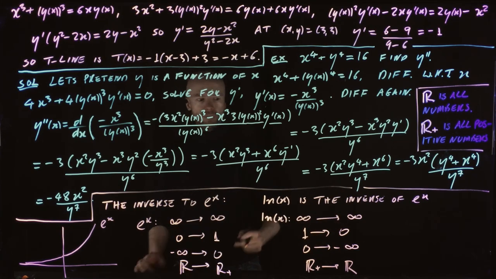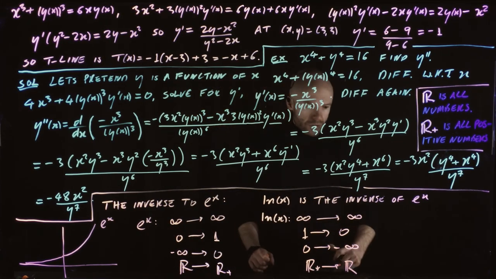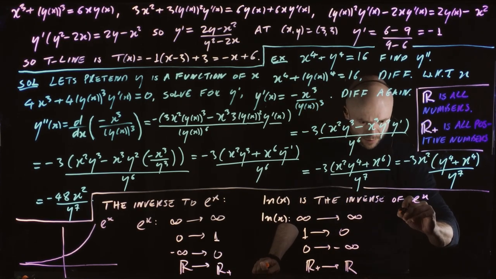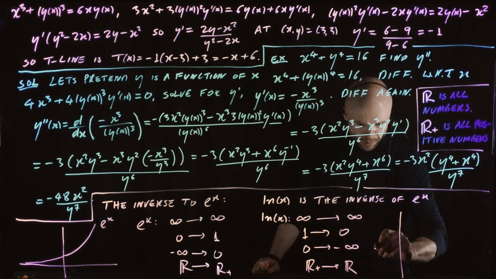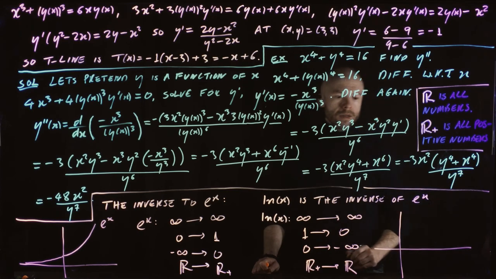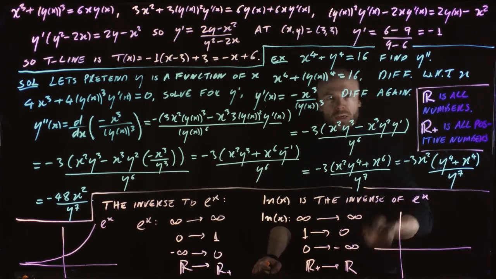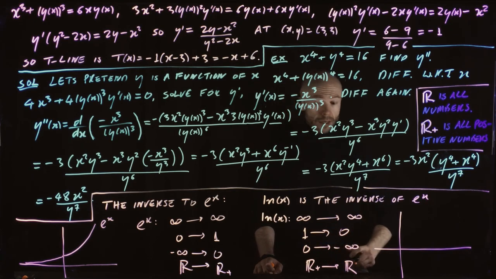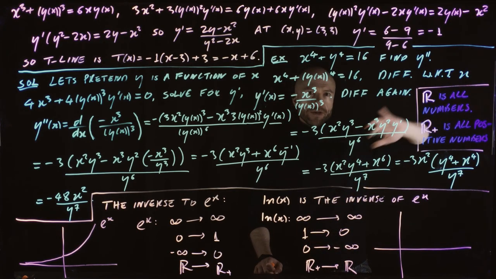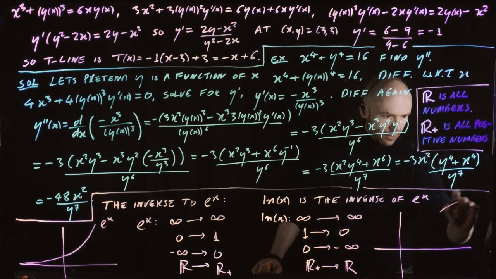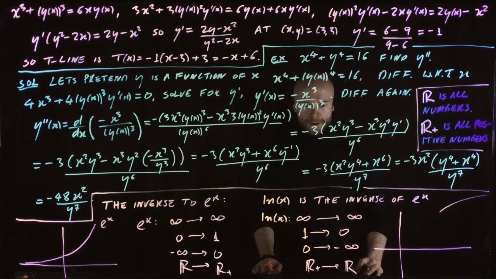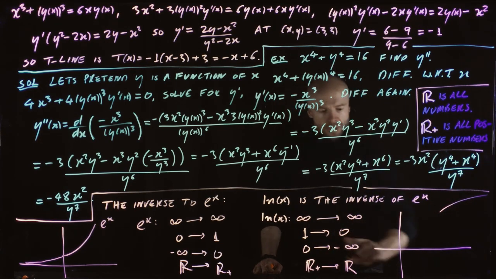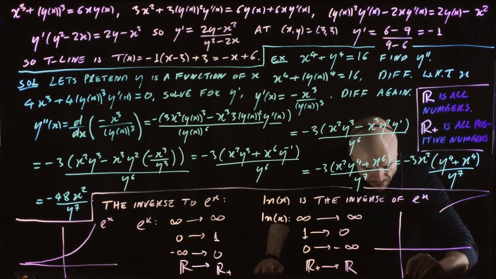Whatever e to the x is doing, log is reversing it. All right, now let's try and figure out what log looks like. Most of you hopefully know what log looks like, but I claim we can work it out, or at least get a good idea from these basic things. It's growing slowly towards infinity as we go towards infinity. As we go towards 0, it goes towards negative infinity, so there's a vertical asymptote.